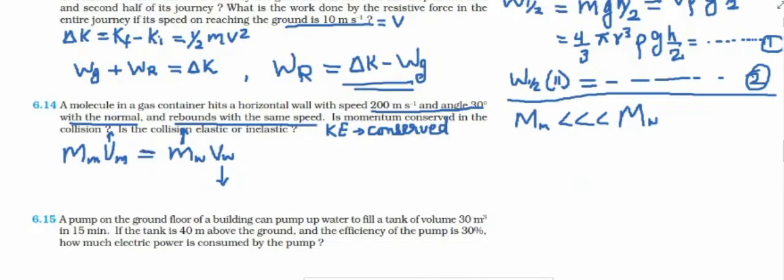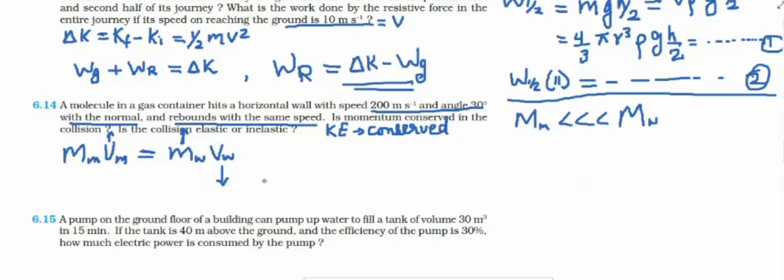The molecule gives its momentum to the wall. The molecule is moving, its velocity is observable, its mass is extremely small, and during the collision the molecule gives its momentum to the wall so that the wall moves. But when the wall moves, what happens? Because of its heavy mass, the velocity of the wall is extremely small so that it is not observable.